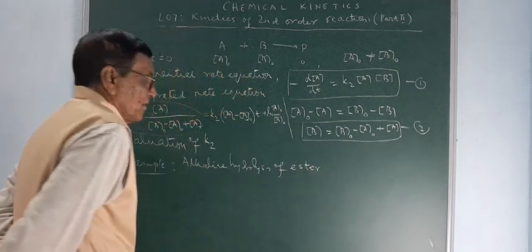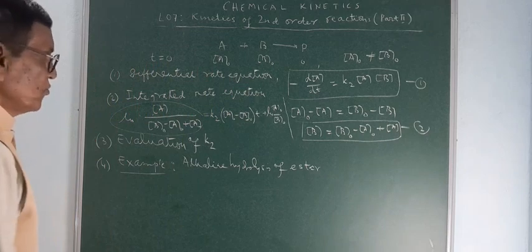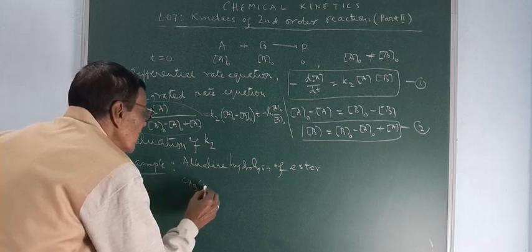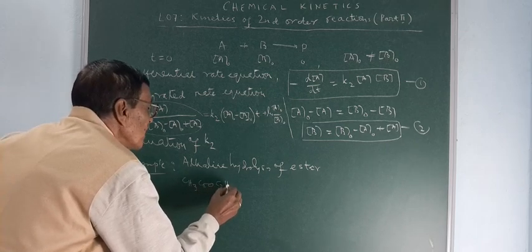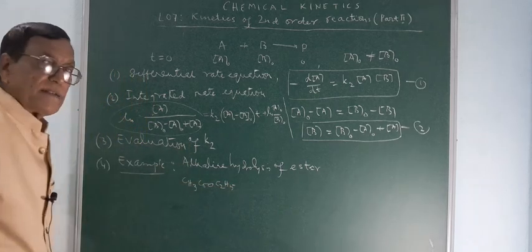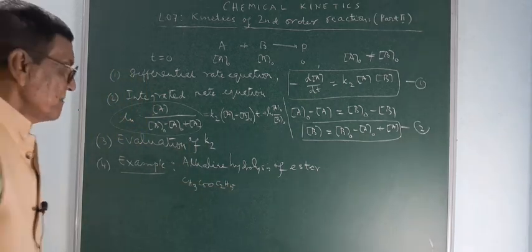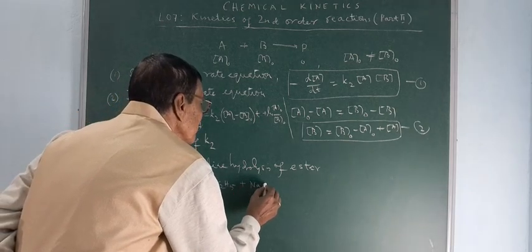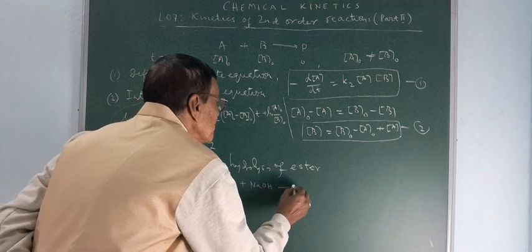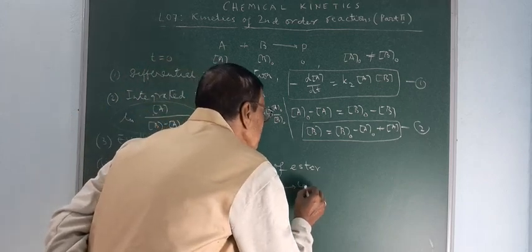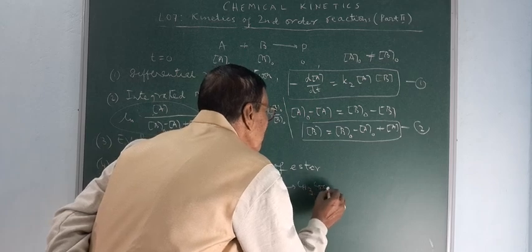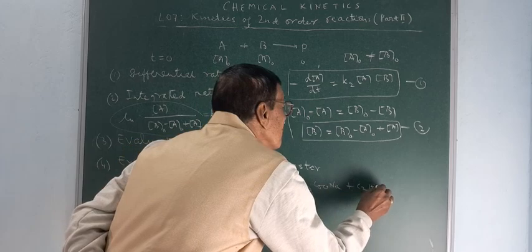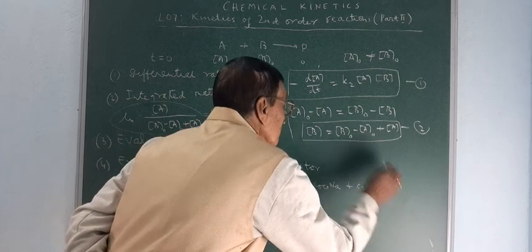Suppose CH3COOC2H5 has been taken as the ester, and alkali sodium hydroxide, giving you sodium acetate plus ethyl alcohol.